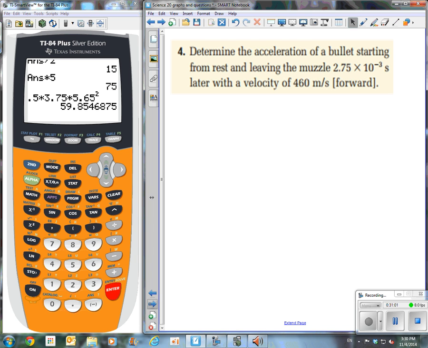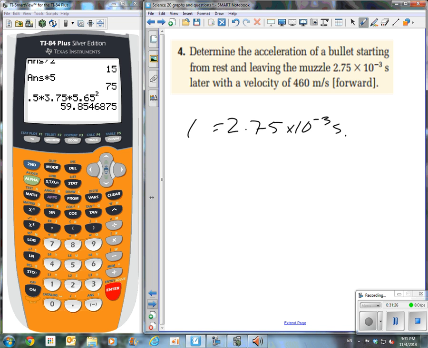Next question. Determine the acceleration of a bullet starting from rest and leaving the muzzle 2.75 times 10 to the negative 3 seconds later with a velocity of 460 meters per second forward. So I've got a few things here. I've got 2.75 times 10 to the negative 3 seconds.